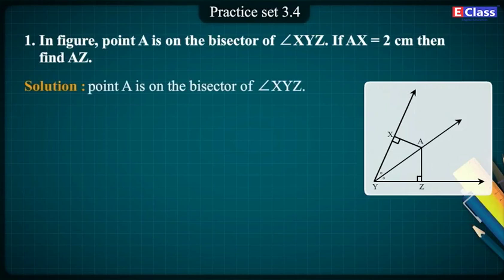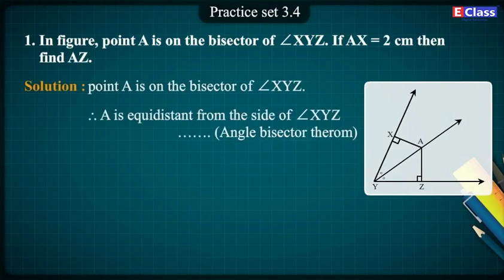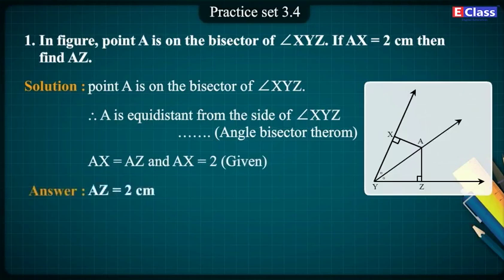Therefore, A is equidistant from the sides of angle XYZ by angle bisector theorem. AX is equal to AZ and AX is equal to 2, which is given. Answer: AZ is equal to 2 centimeters.